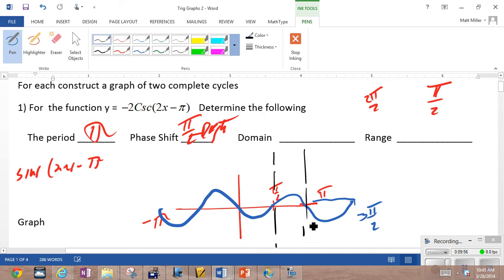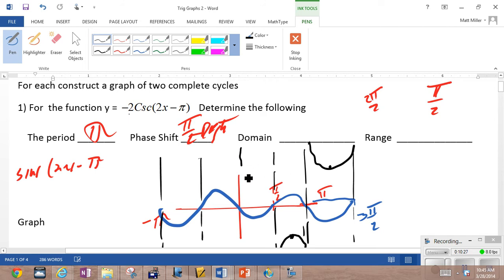Wherever the sine backbone graph intercepted the axes is where this is going to have its asymptotes. And so with a -2, if it were 2, it'd be up here, but it's -2, so it's going to be down here. It's going to be graphed riding those asymptotes. It's going to be up here at 2 and ride those asymptotes, and so on and so forth.